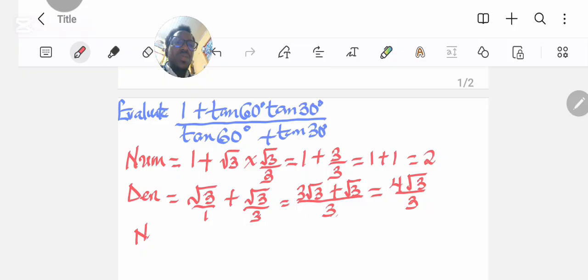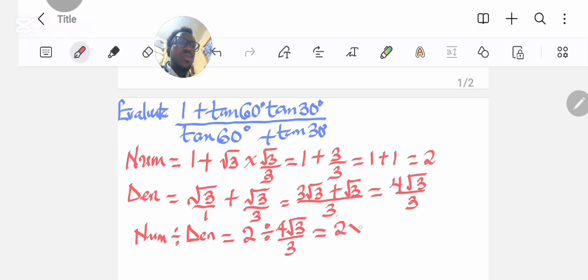So we can bring the numerator divided by the denominator by saying that the numerator is 2 divided by 4 root 3 all over 3, which invariably gives 2 times 3 all over 4 root 3.